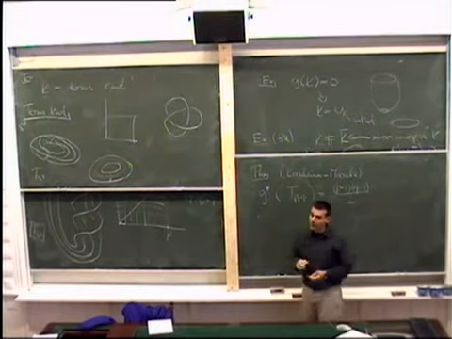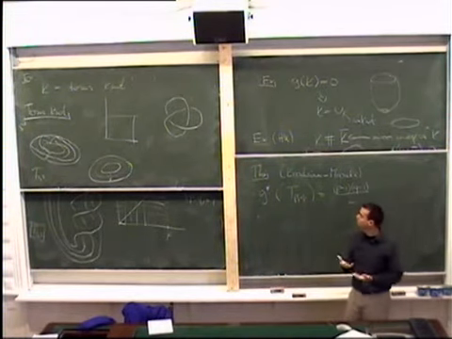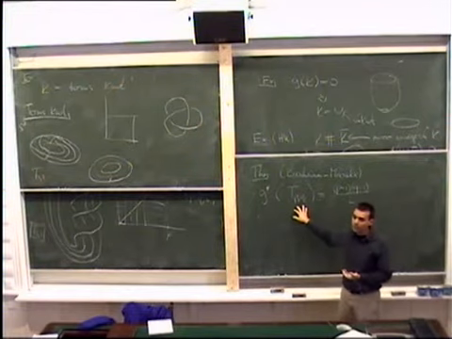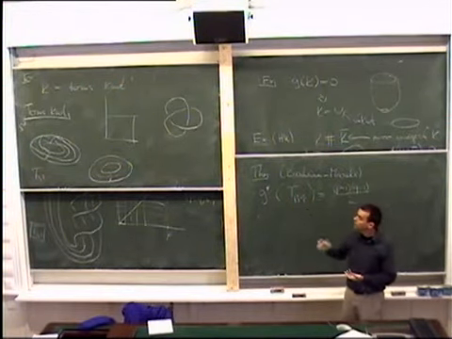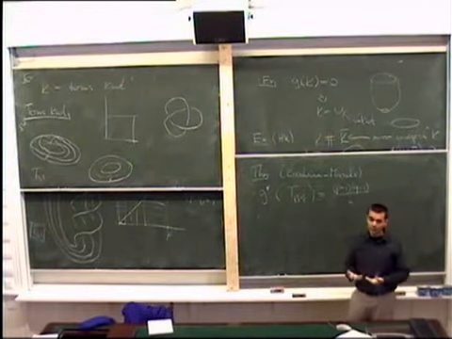Here the point is that it's easy to prove that there is a surface bounding this (P, Q) torus knot that has this genus. The hard part is to show that there isn't another surface that has smaller genus.